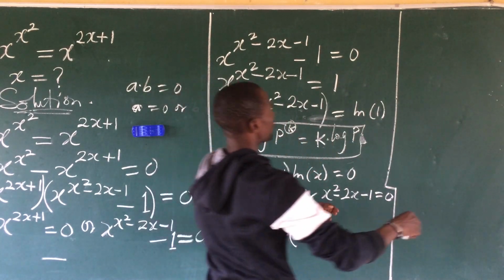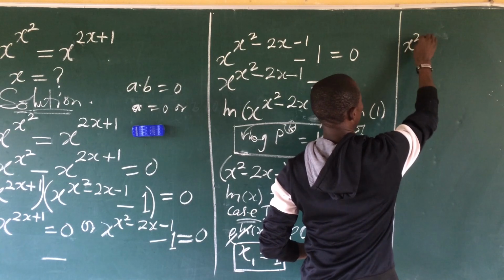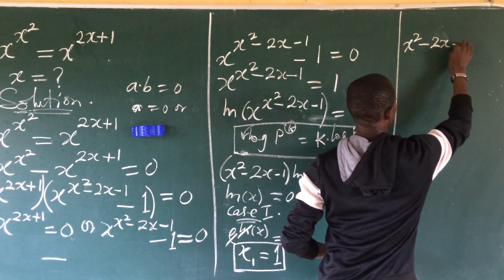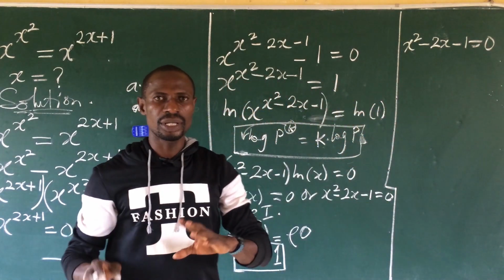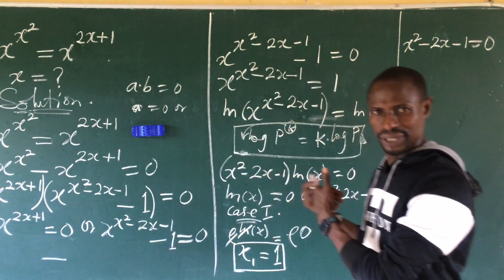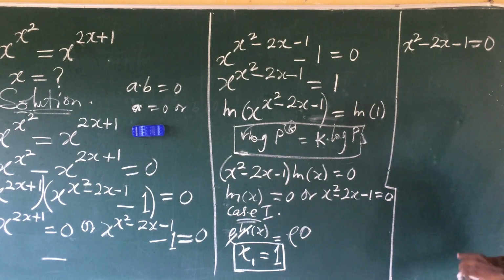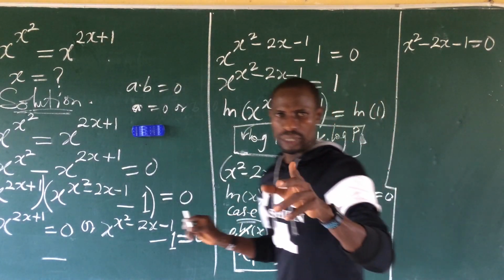Good. So let's take our equation, which is x squared minus 2x minus 1 equal to 0. Now, we cannot use the factorization method to solve this. So we use the quadratic formula.